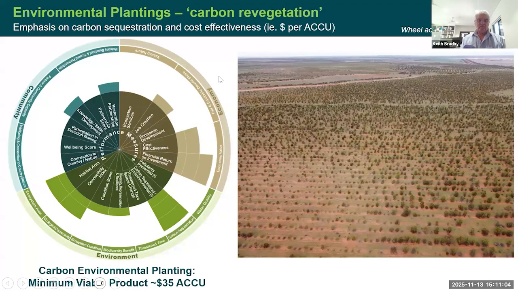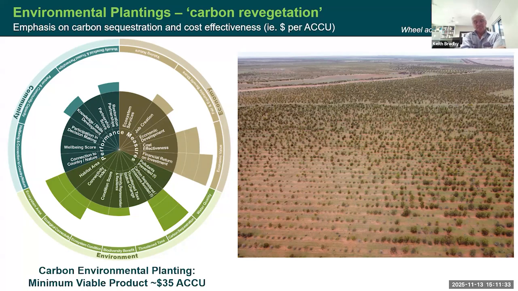So when we are looking at these sorts of things and assessing against those different impact themes, there are different ways that you could undertake an environmental planting. On the screen here, the wheel is an adaptation of an assessment wheel used by the Society of Ecological Restoration. But in short, depending on how filled in the green portion of the wheel is, how strong a project might be environmentally.